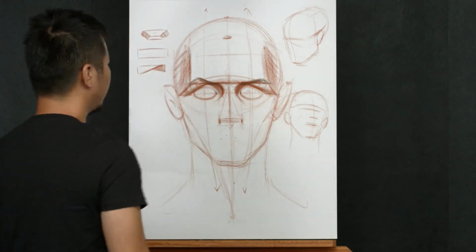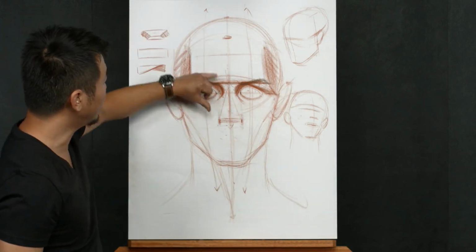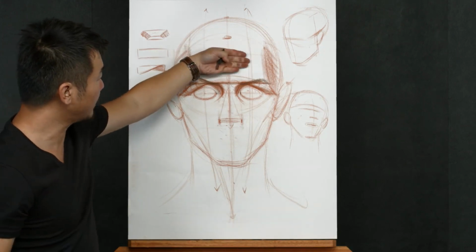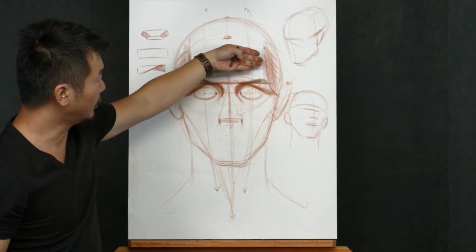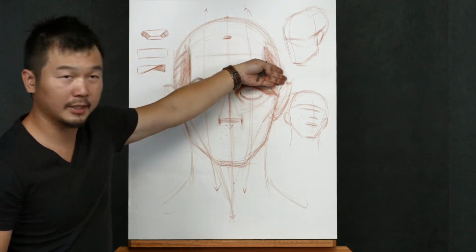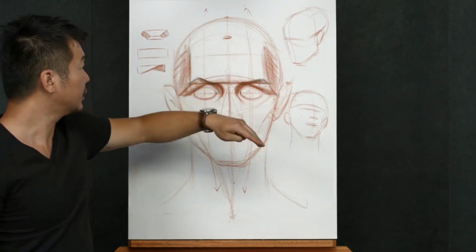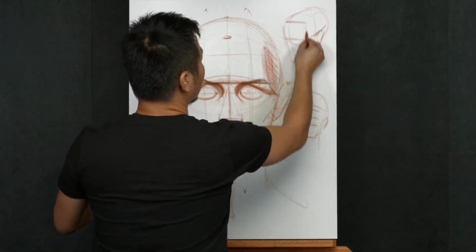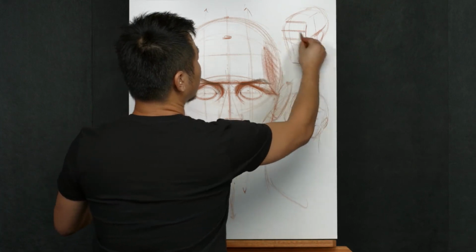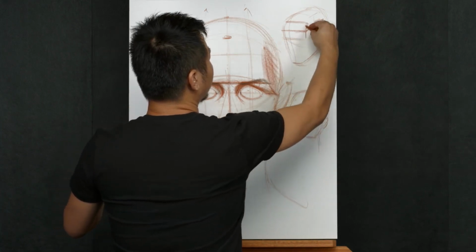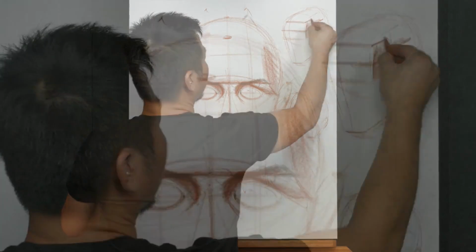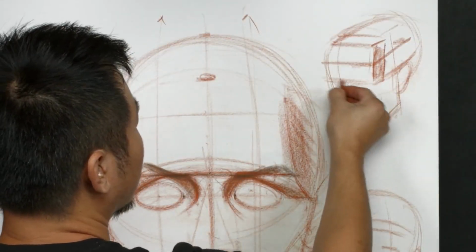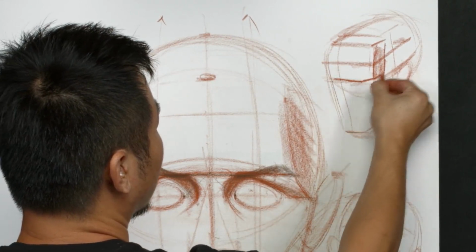It does a couple of things for us. First of all, when it goes above, it creates an additional plane: the front plane of our forehead, to the corner plane of our forehead, then to the side plane of our forehead. Instead of a broad forehead, just a wide front forehead that jumps right to the side, now we've got an additional plane, so you can turn quicker and then go to the side.